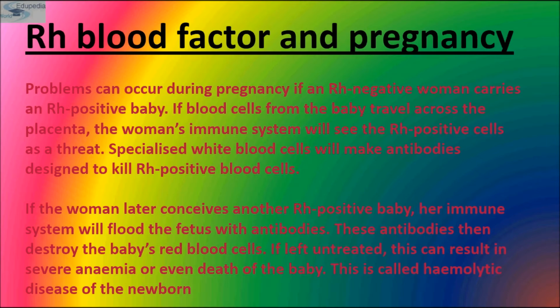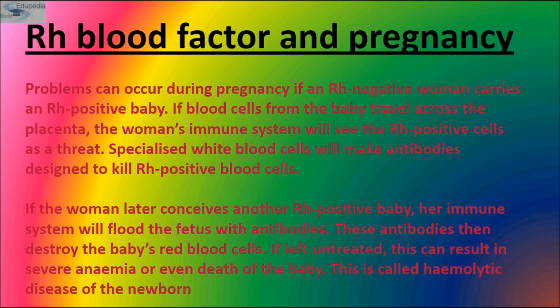Okay, if blood cells from the baby travel across the placenta, because the placenta is the connecting thread between mother and baby, the woman's immune system will see Rh positive cells as a threat. And a specialized WBC will make antibodies designed to kill Rh positive blood cells.